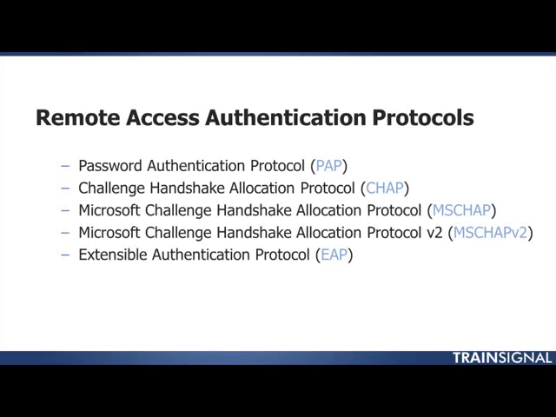Whereas when you are in a Microsoft environment, we have what's called MS-CHAP, which is the Microsoft Challenge Handshake Authentication Protocol, or MS-CHAP v2, which is really nothing more than a newer version of it. So in a Microsoft environment, you are typically looking at MS-CHAP v2 if you want to get to an even somewhat secure authentication environment.